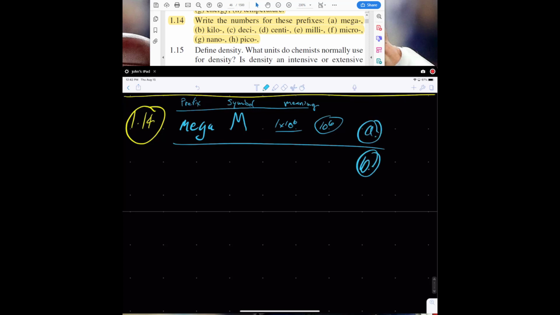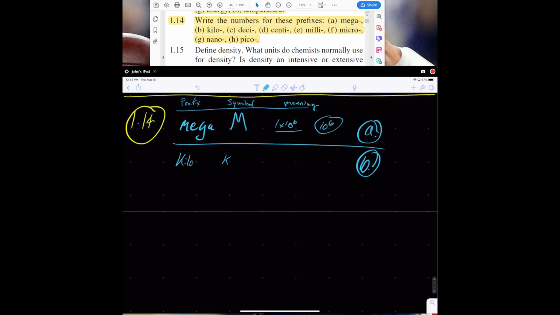Alright, next B. They want us to give kilo. And the symbol for kilo was lowercase k. And kilo is like kilogram or kilometer, which would be like 1 times 10 to the 3 power meters, right?